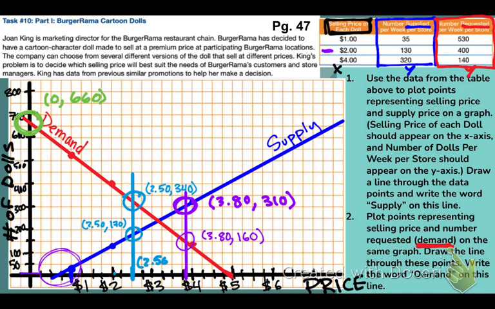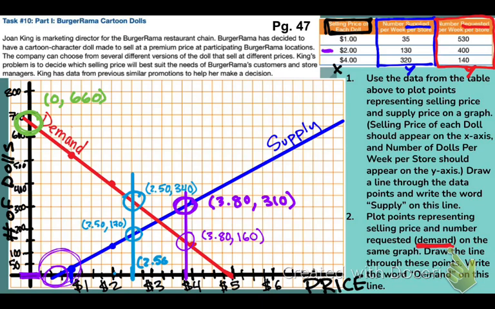So that would be right there. And then because we know we're looking at our supply line, they looked at where that is crossing the x-axis. So I have it really zoomed in on my graph, and it looks like it's pretty close to 50 cents. It's less than $1.